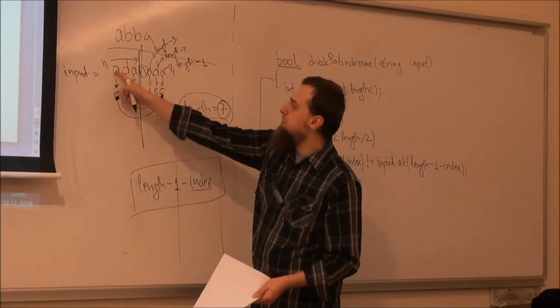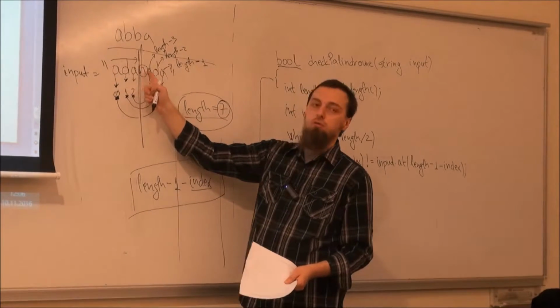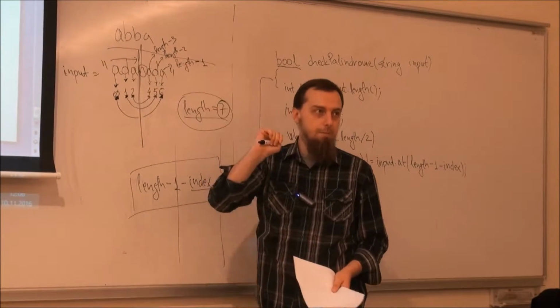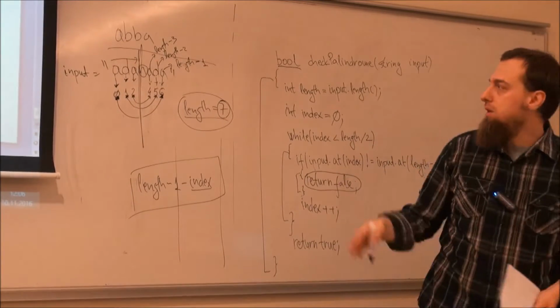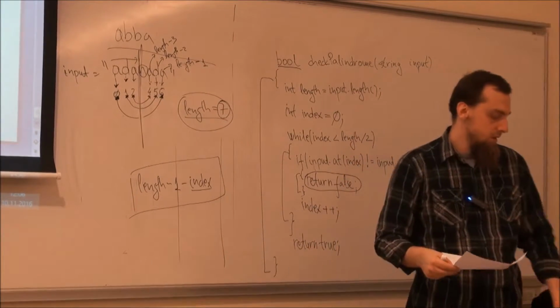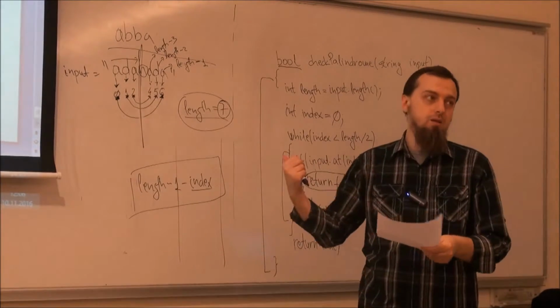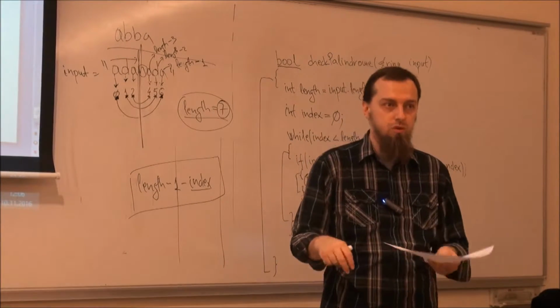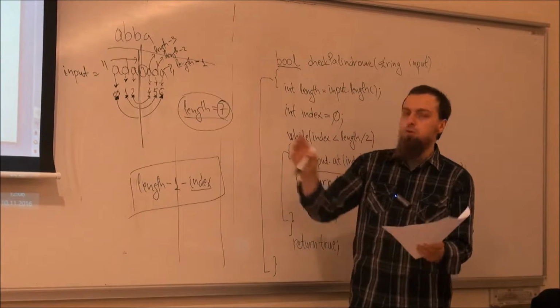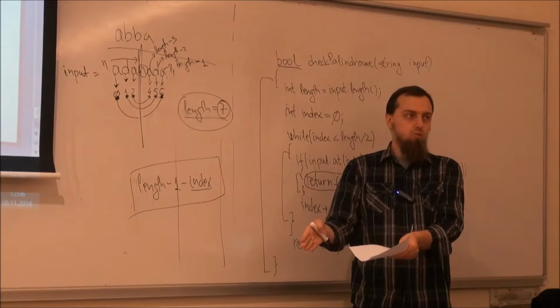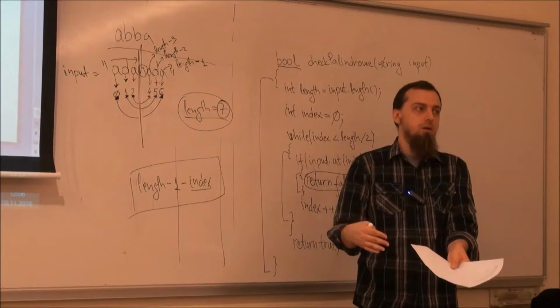So we start from 0 up until 2. We don't have to check this one because it's the middle character. Okay? So it's working whether the length of the string is even or odd. Sometimes it's not working, not this case, but in other cases you have to pay attention to this one, okay? Because you might test your input with an even number and it's working, but it's not working with an odd number, or vice versa.